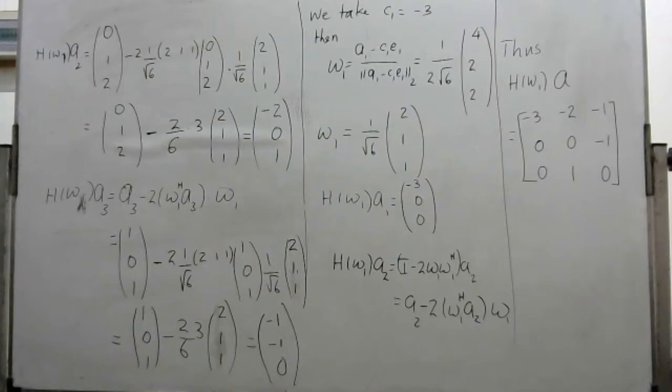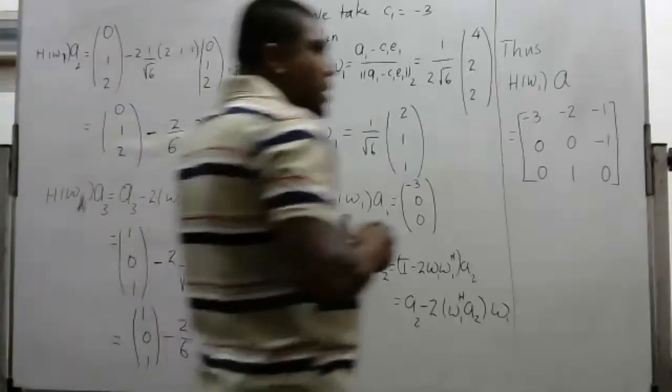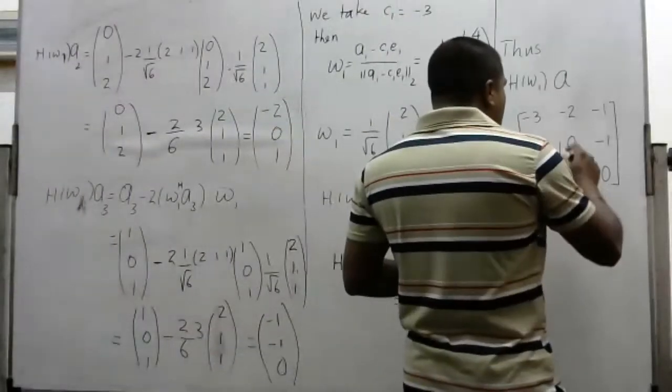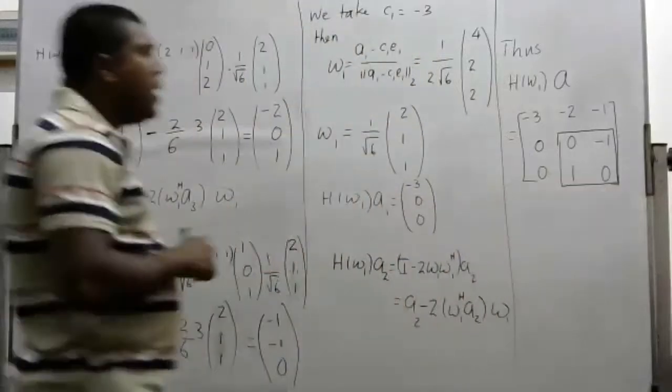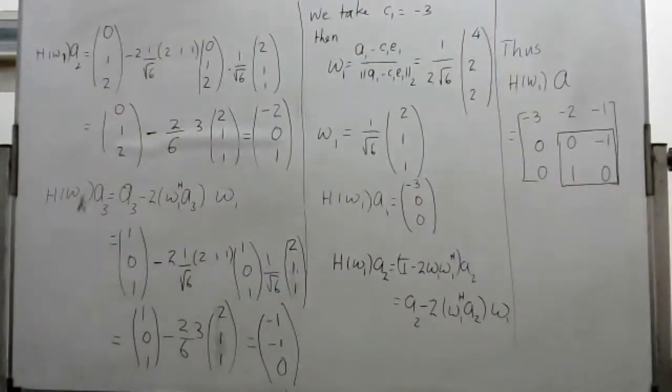So now comes the second step. You notice that in the second step, we only consider this matrix. So this will be our matrix B1.